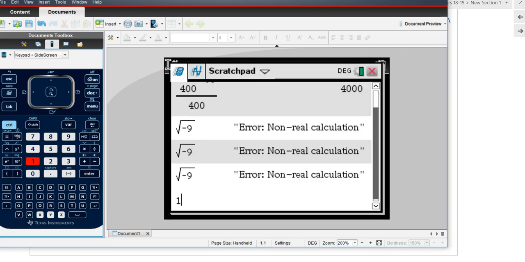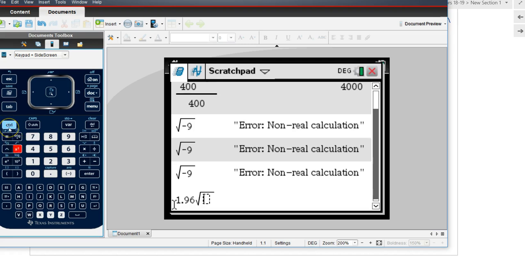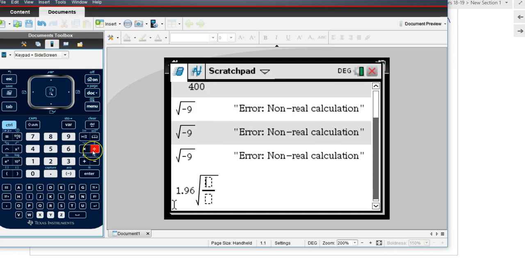So we had 1.96. Again, your square root is here. So you hit on the handheld calculators, it's yellow, Control, and then the x squared, because you can see the square root symbol above it. The way I like to do it is hit Control divide, and it will pop up that fraction bar.